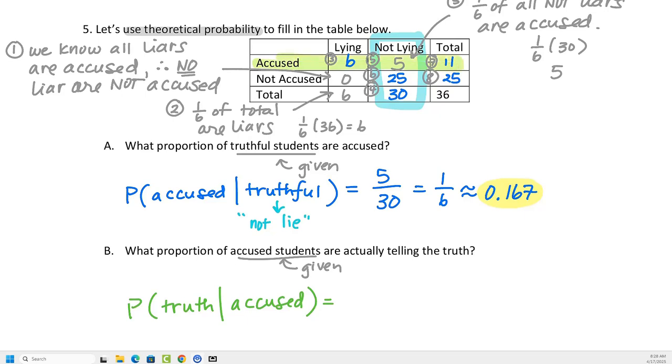We're just going to look at this row here that I have highlighted in green. And so notice on this one, those that are telling the truth, again, telling the truth is not lie. So the not lying is 5. And the total for that row is 11. So 5/11ths, which is approximately 0.455.